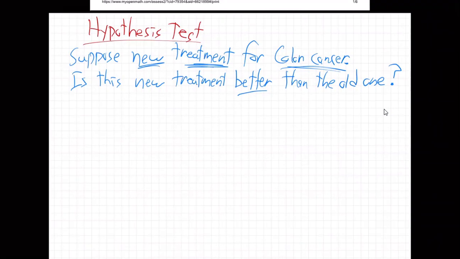So how would the FDA, the Federal Drug Administration, go about figuring that out? How are they going to do that?